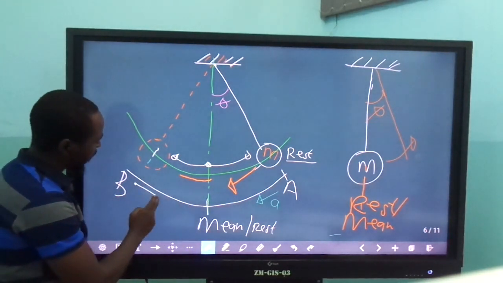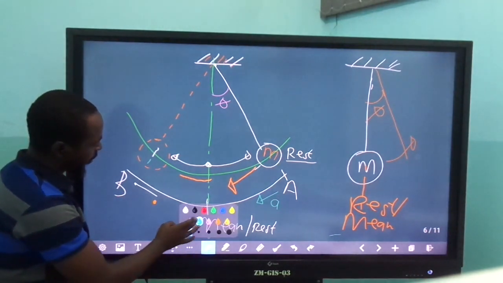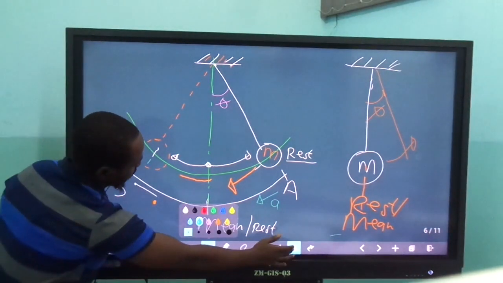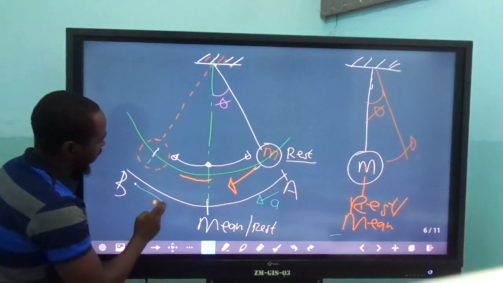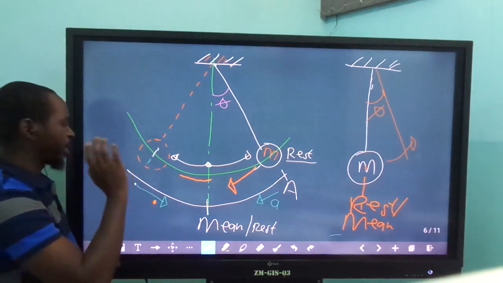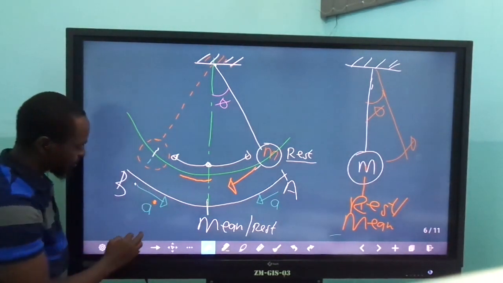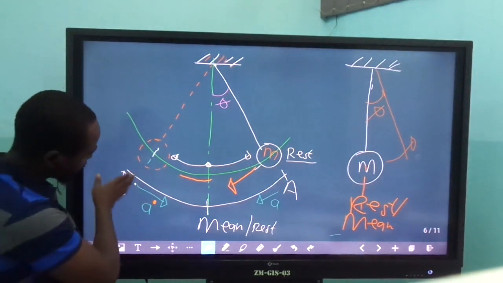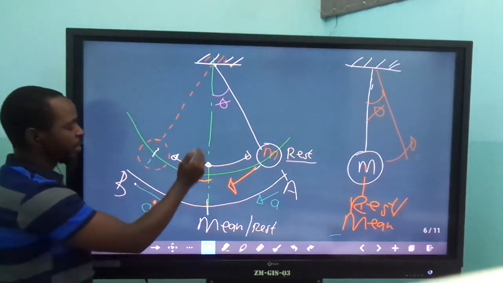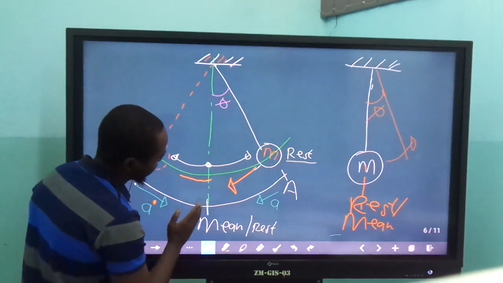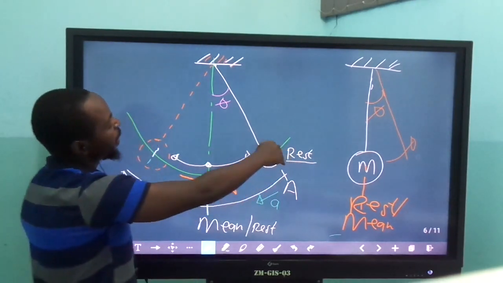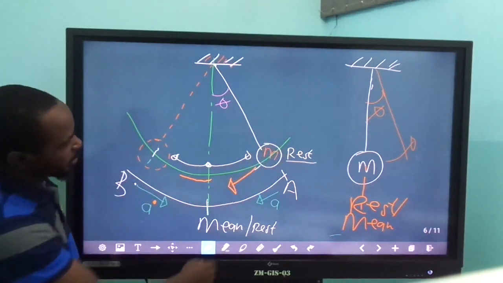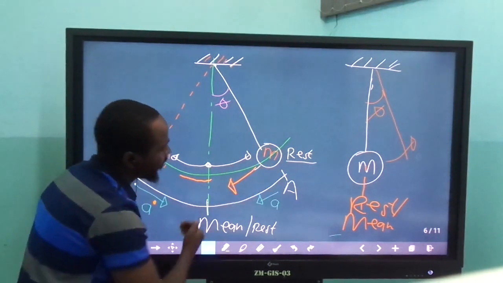It starts accelerating in that direction. So now, it starts accelerating until it reaches the mean. It starts to retard until it comes to rest again and reverses the motion.